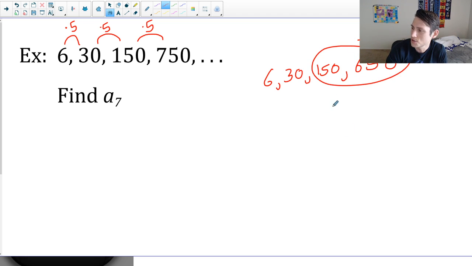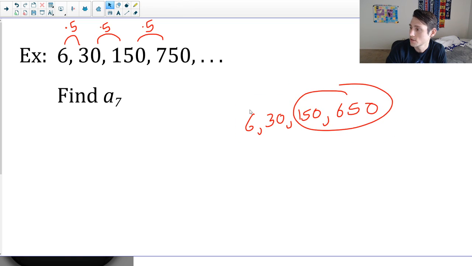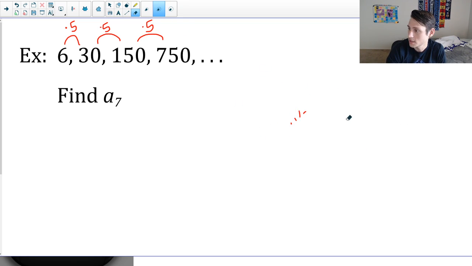But if I look at these two, 150 times 5 is not 650. Okay, so this would not be a geometric sequence, nor is it arithmetic. All right, so do make sure that you check that the entire sequence is following the pattern, not just one piece.